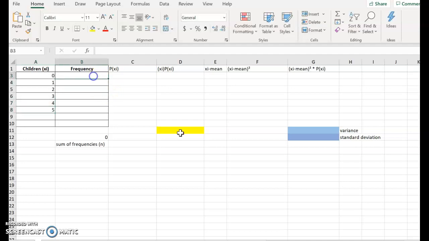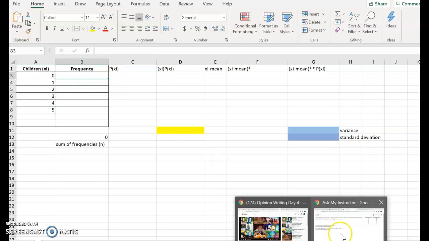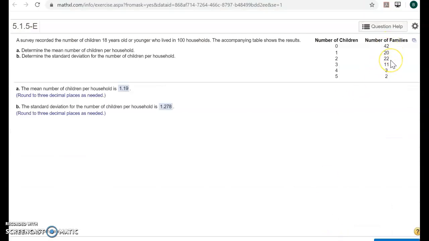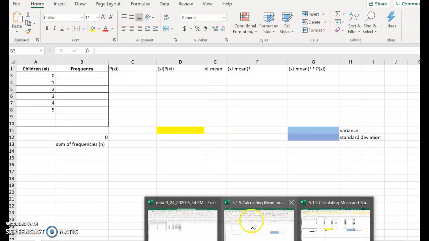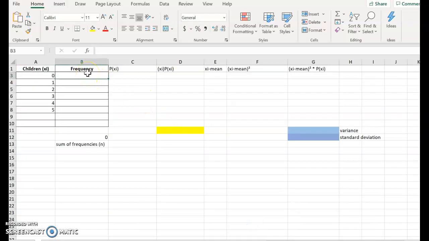And then our frequency was 42, 20, 22, 11, 3, and 2. I'm just going to type it in instead of opening it in Excel, because I already have a spreadsheet set up for these problems.